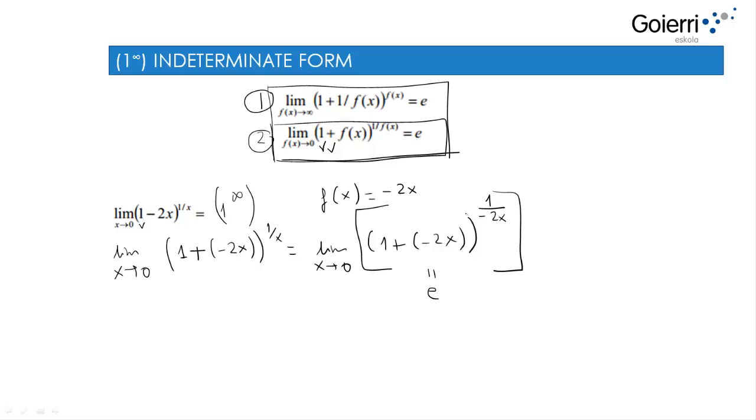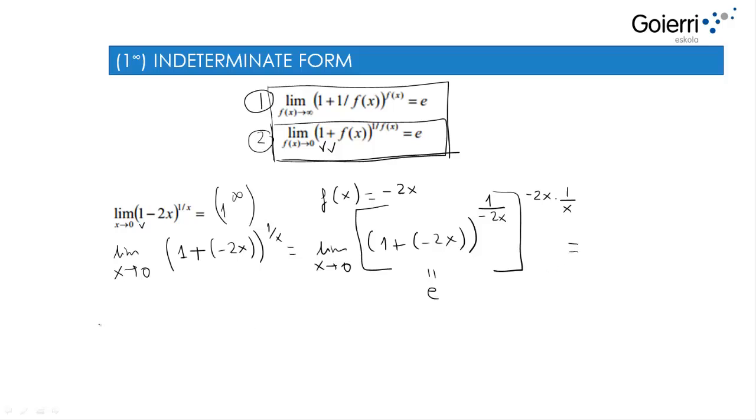What happened here? I have already added negative 2x on the bottom, so I have to add the same term on the top, right? And don't forget this term that was before there, so times 1 over x.